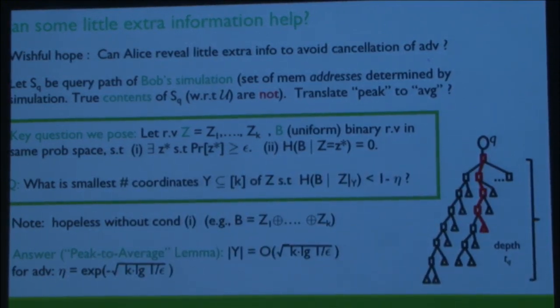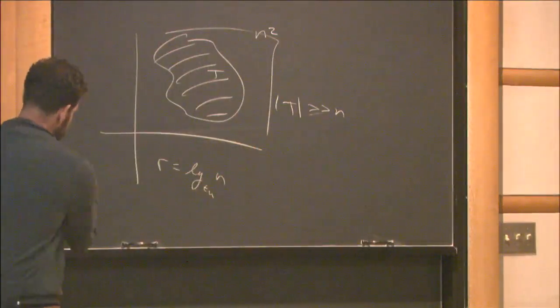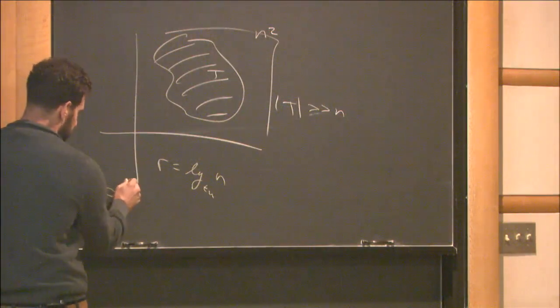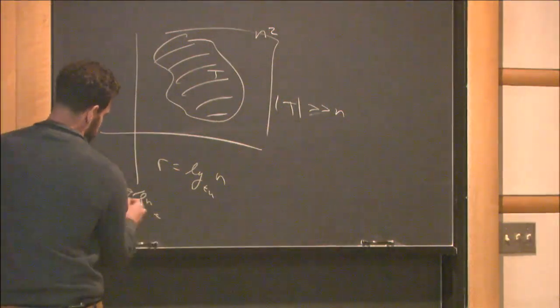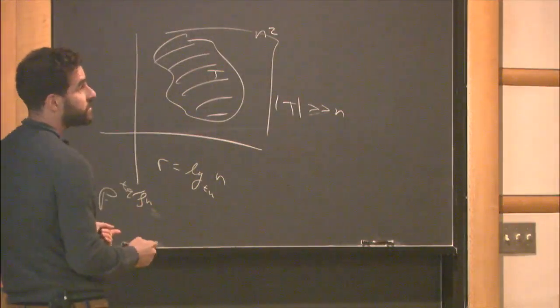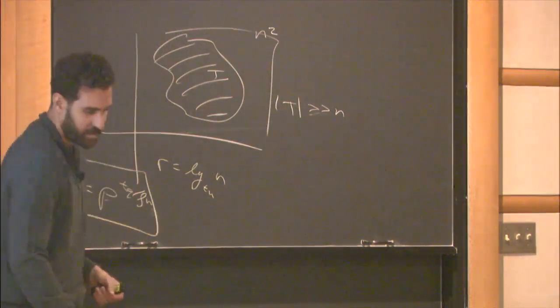It's the probability that Alice samples all the dark green cells. So epsilon is p to the query time, which is 1 over polylog log n. It's just this number, where p is 1 over polylog n.